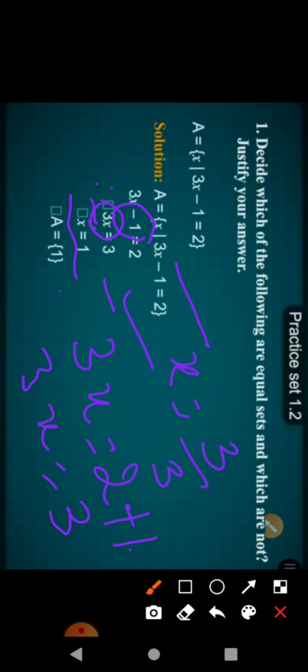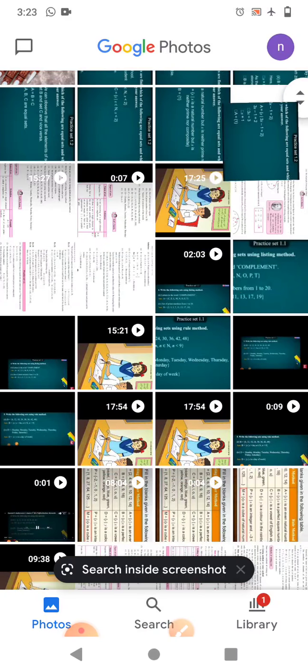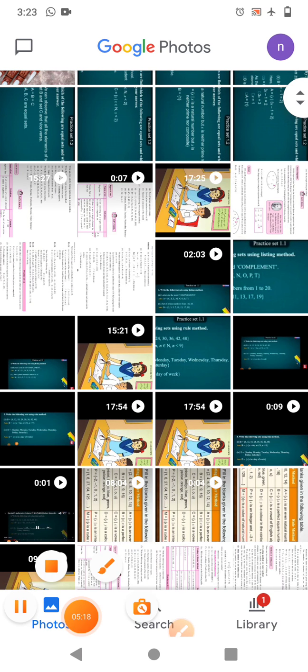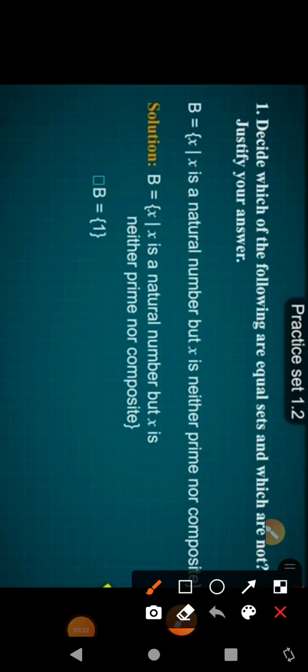So if x is 1, we can write here, therefore A equals {1}. So we got set A has only 1. Now let's see what should be in set B. Set B equals x such that x is a natural number but x is neither prime nor composite.